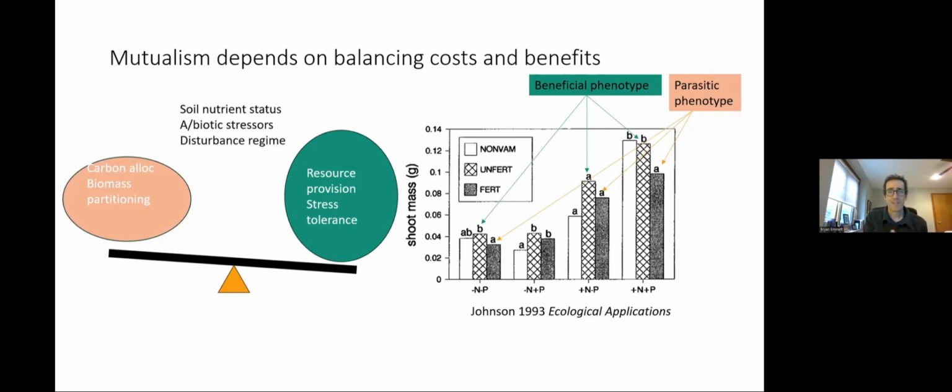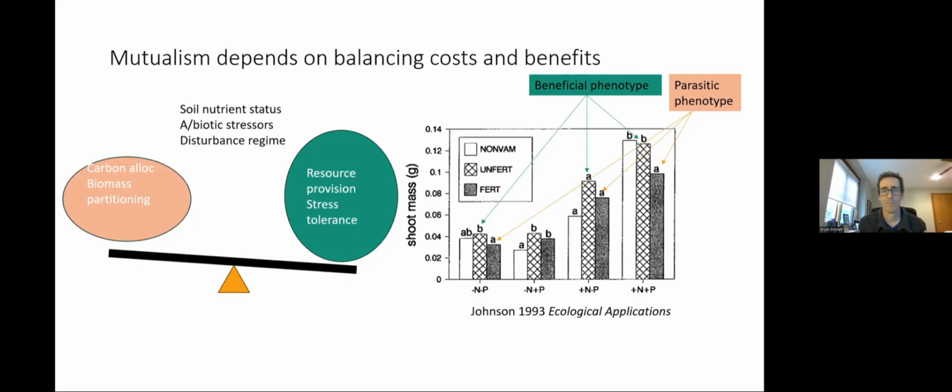Now, Nancy Johnson did some pioneering work back in the early 1990s, where she looked at prairies that had been fertilized and unfertilized, and she collected soil from those and AMF communities from those, and then re-inoculated to test plant response. And what she found was that under a history of fertilization, we had actually selected for sort of a parasitic phenotype over time.